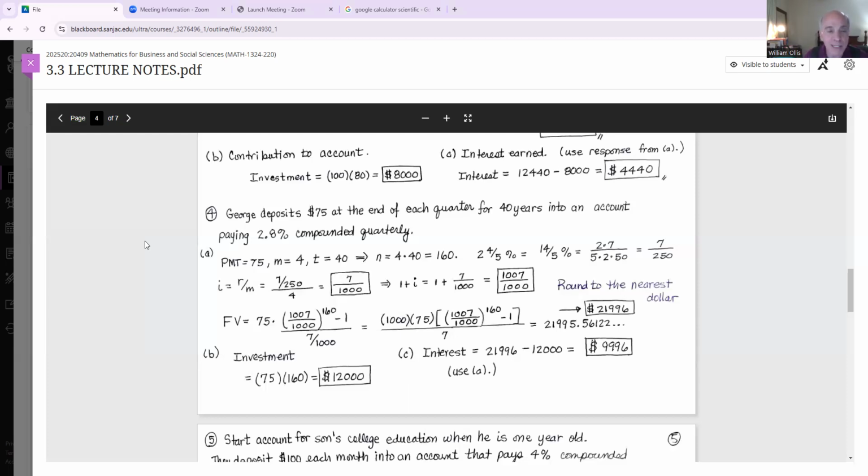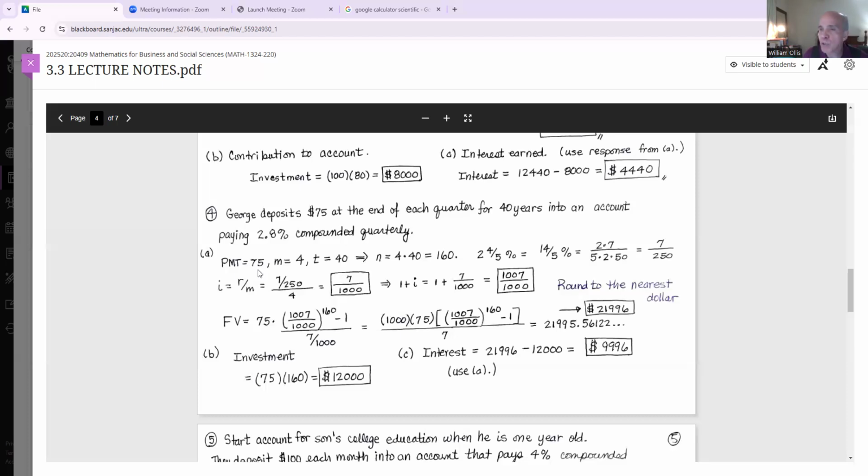So now what we can see is we just simply take the idea here and then decide what it is we want to do. Well, for this particular problem, we're interested in finding the future value of these periodic payments, of which there are very many. So let's just write down basically what we learned from just reading the few words in this problem. The payment, the PMT, is 75.